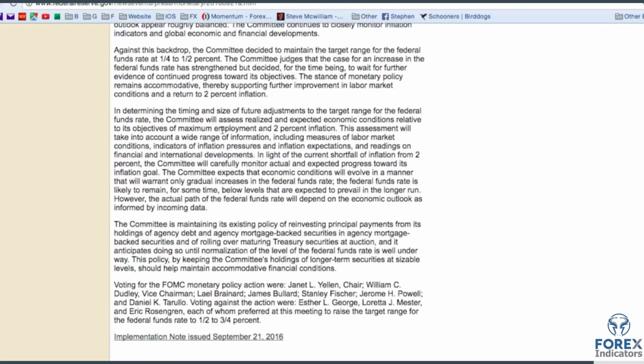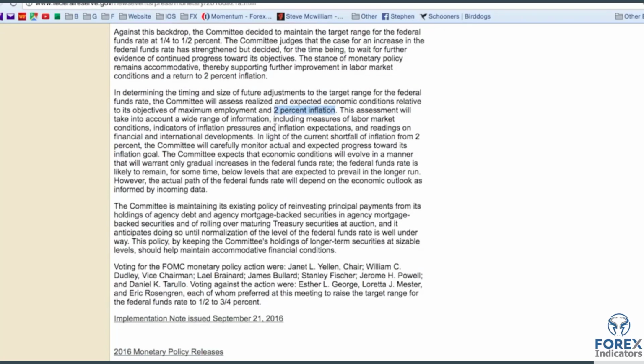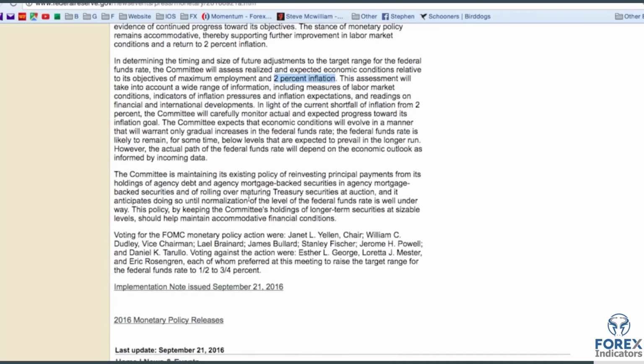And then here they state their goals for inflation targets, 2% inflation. And then here you can see the voting members of the FOMC policy action, and there's the current chairwoman, Janet Yellen.